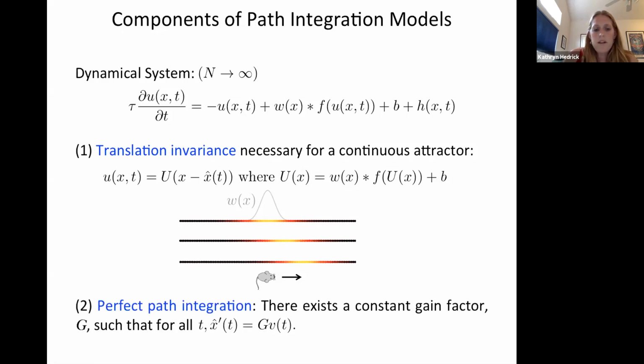The second component, in order to have perfect path integration, is that there should exist a constant gain factor, G, such that the velocity of the activity bump is equal to G times the velocity of the animal. In many models, G should be 1, but that's not necessarily true. The important thing is that G should be constant in time.